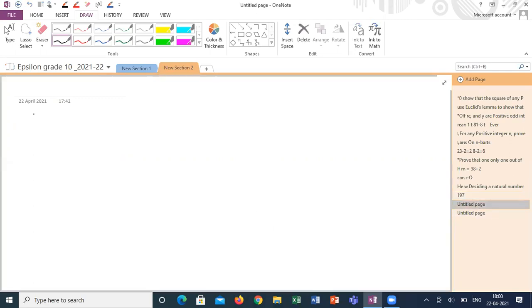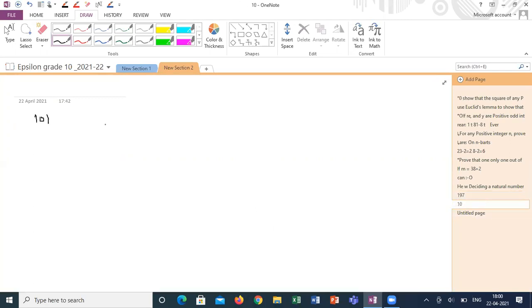The first question is 101. The nearest perfect squares are what? 100 and 121. So 100 is less than 101, which is less than 121. The least is 100, so 10 squared is less than 101.